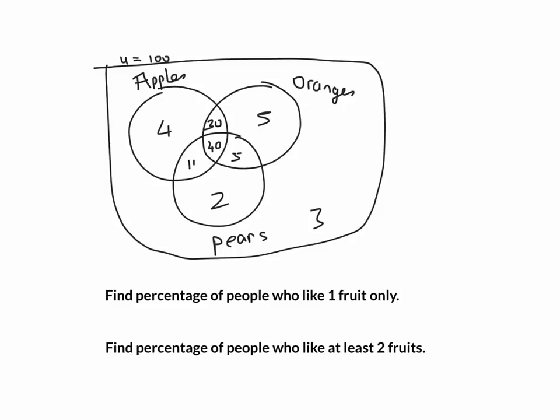We'll have to add those up. So 2 plus 5 is 7, plus 4 is 11. So you'd have 11 over 100 if you want to make that into a fraction, 11 out of 100 liked one fruit only, and then to make it into a percentage we multiply by 100, and that will give you 11%.